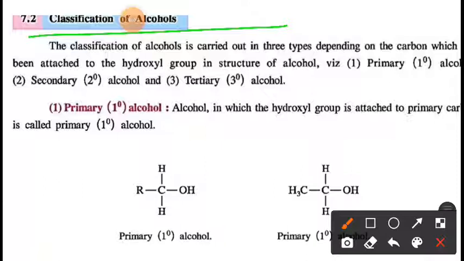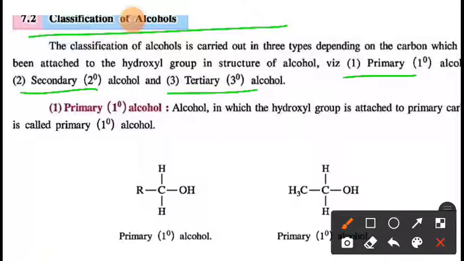Therefore these are regarded as hydroxy derivatives of hydrocarbons, and are also called aliphatic alcohols. So the classification of alcohol is generally carried out into three: primary, secondary and tertiary.